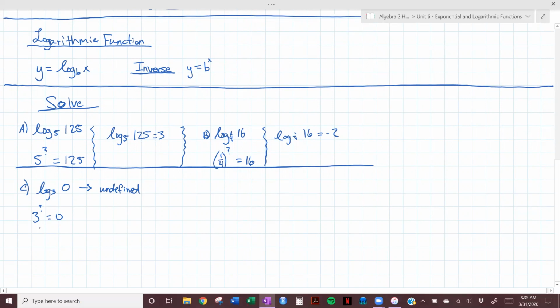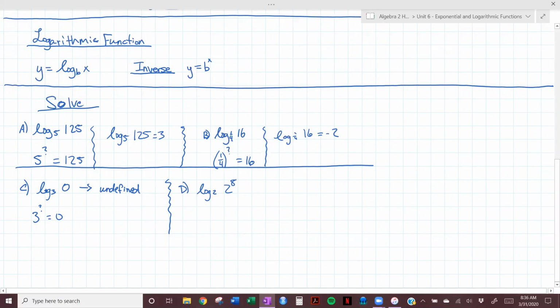All right, and then for D, we have log base 2 of 2 to the 8th.